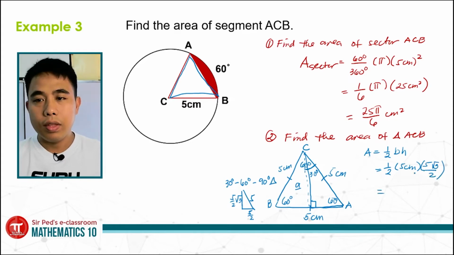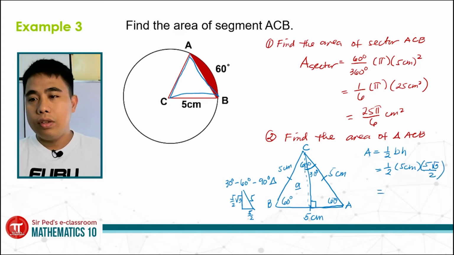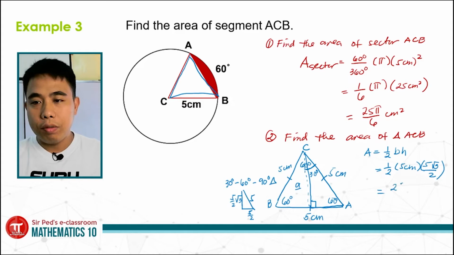So we simplify. So we multiply 1 times 5 times 5 square root of 3. So that will be 25 square root of 3 over 2 times 2, 4. So the answer is 25 square root of 3 all over 4 square centimeters.